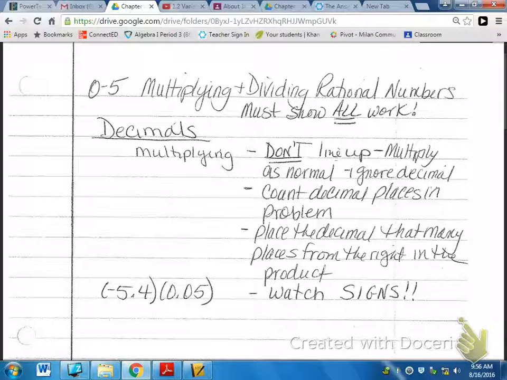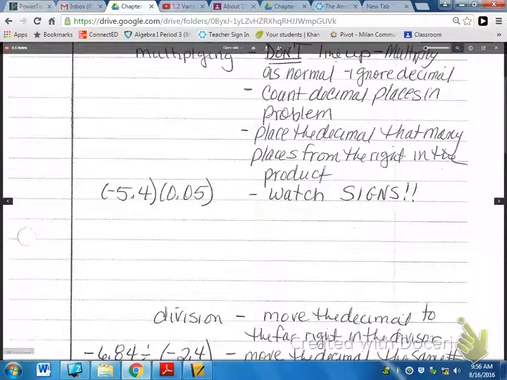You count the number of decimal places in the problem, and then you place the decimal that many places from the right in the product. Also be aware of signs as far as positives and negatives because those rules apply. When you're multiplying the two numbers, if the signs are the same, the answer is positive, and if the signs are different, the answer is negative.